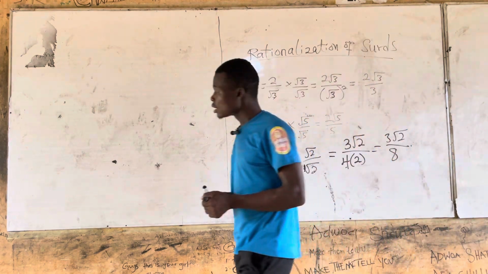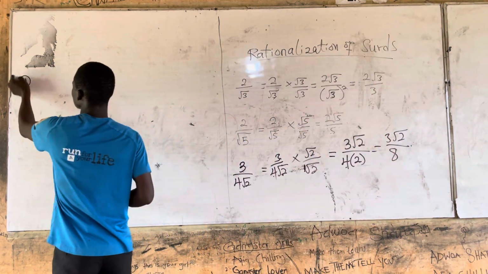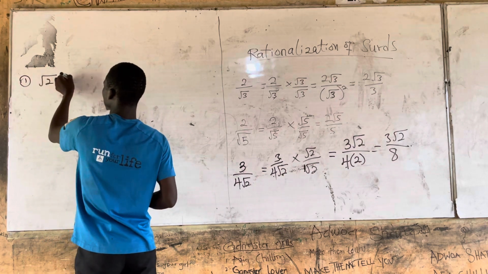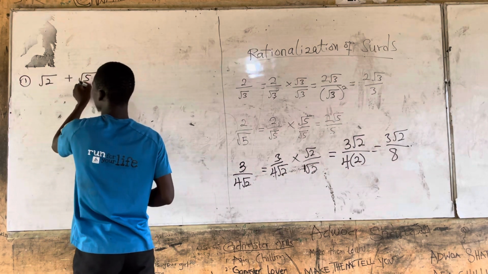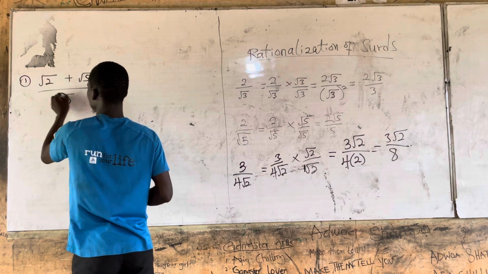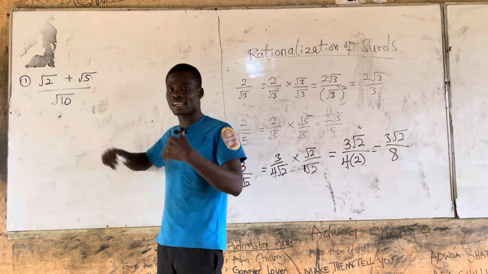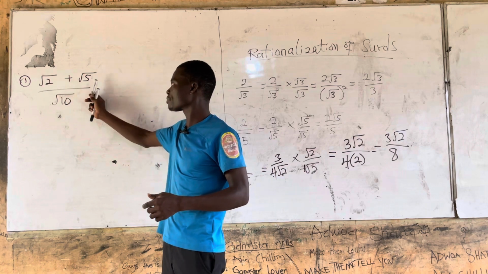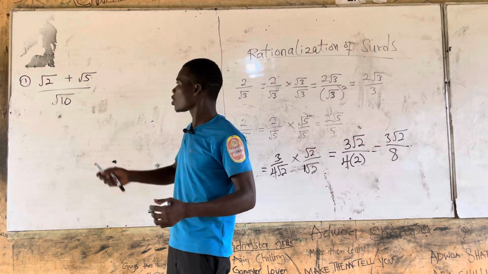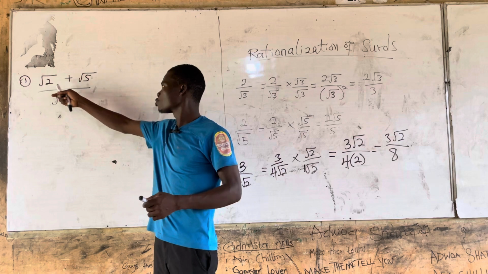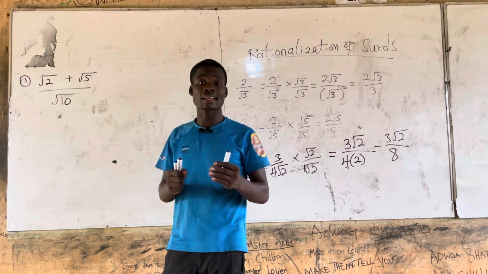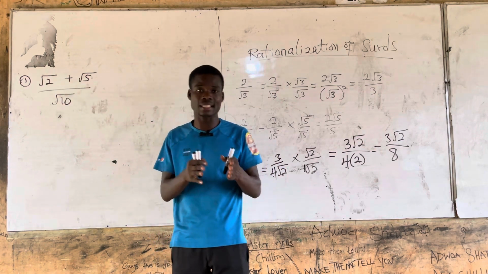So now, let's simplify root 2 plus root 5 all over root 10. We have to rationalize root 2 plus root 5 all over root 10. You see that all of the numbers here, 2, 5, 10, are in their basic form.